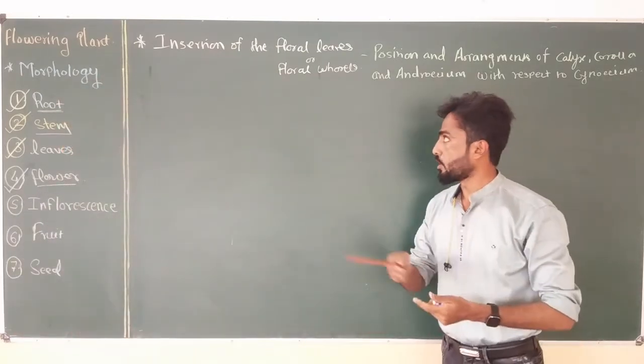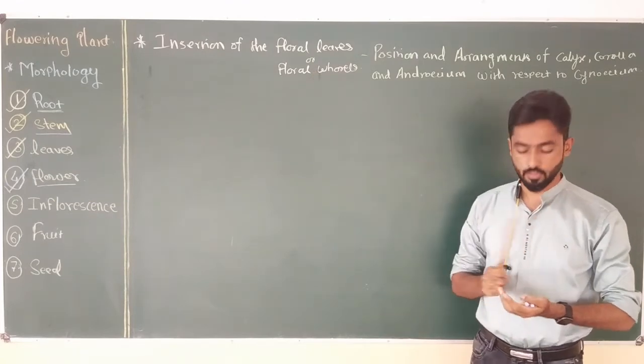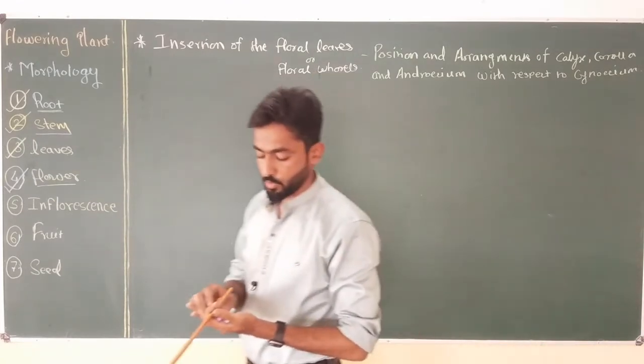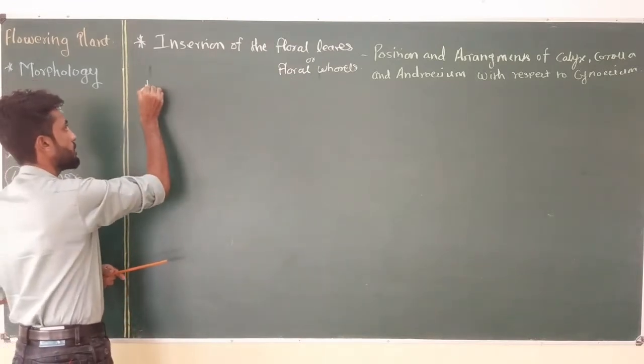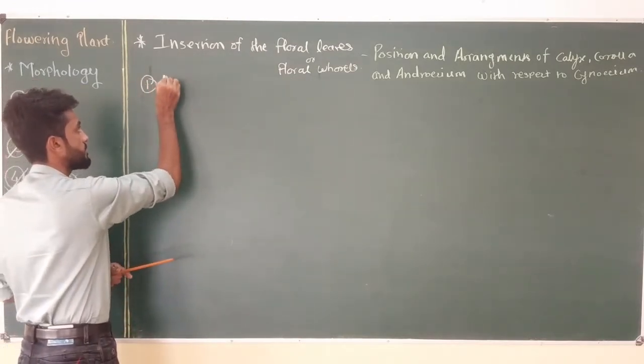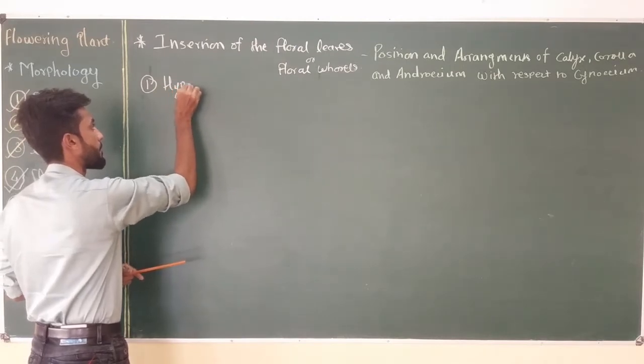Okay, so on the basis of insertion of the floral leaves, flower can be classified into three main types. Okay, so the first type of flower on the basis of insertion is hypogyne.